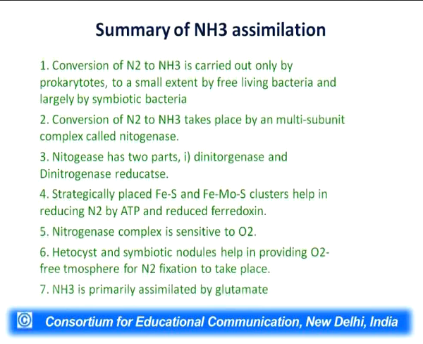Nitrogenase is very sensitive to oxygen. It has two parts, dinitrogenase and dinitrogenase reductase, and strategically placed iron-sulfur and iron-molybdenum-sulfur clusters. I showed you this in detail in the previous class and told you how this helps to reduce nitrogen with the help of ATP.